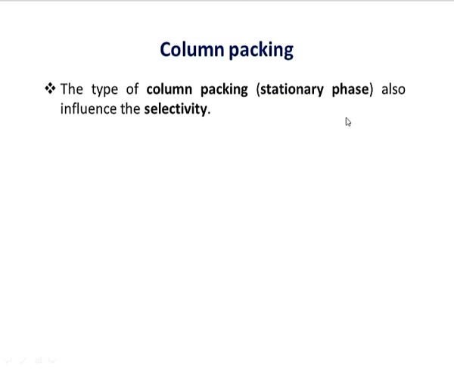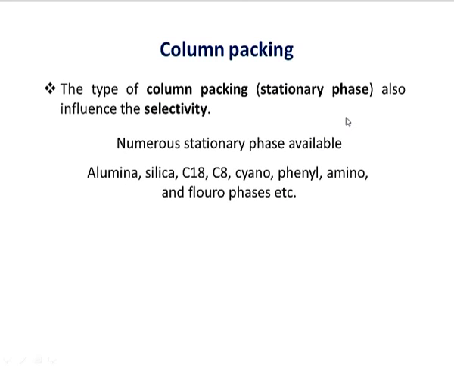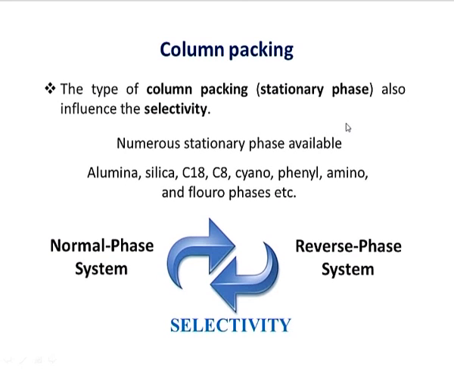As far as column packing is concerned, that is another aspect which we have already discussed in details in the last lecture. You can pick out from a range of normal phase columns or reverse phase columns, and there are plenty of different materials available in both the kinds, in normal as well as reverse phase, and one can always pick and choose different columns to modulate selectivity and resolution.